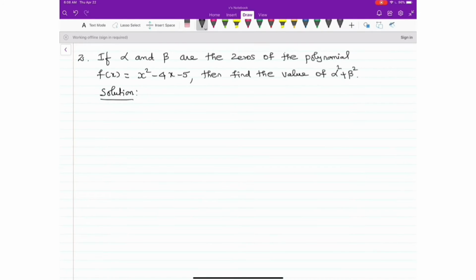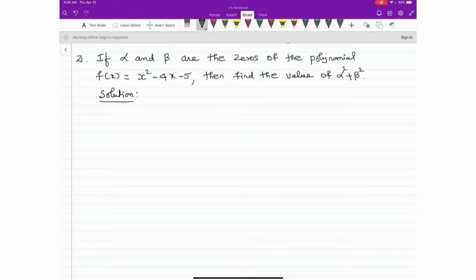So what is the polynomial given to you here? f of x is equal to x square minus 4x minus 5. This is given to you. Then alpha and beta are the zeros of the polynomial.